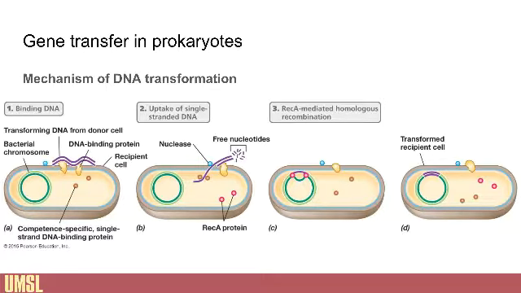But regardless, both gram-positive and gram-negative bacteria, when they're taking DNA up from the environment, have surface receptors that bind to DNA and essentially use a molecular channel to take up DNA into the cytoplasm.